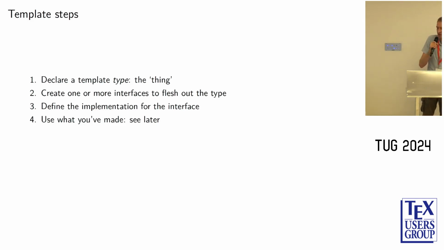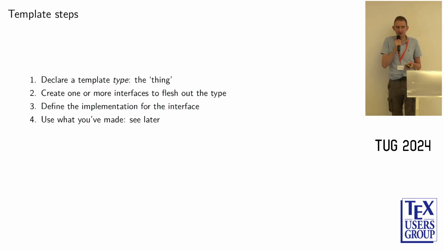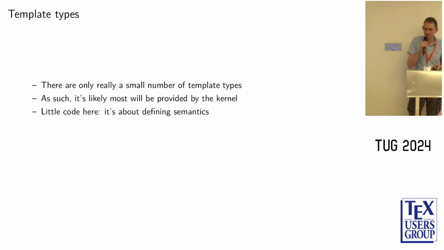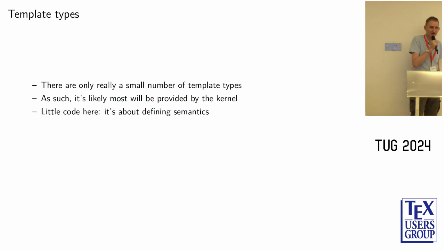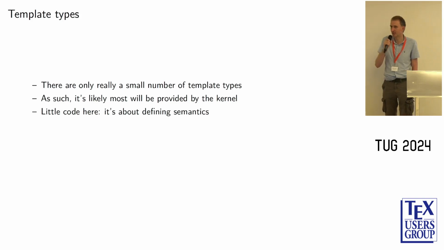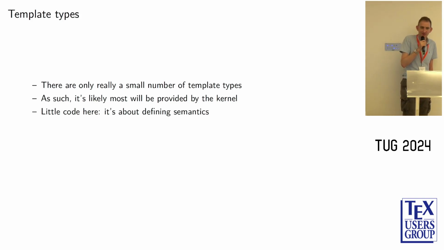There's a couple of ways of using templates because of this idea that we can vary how they're used. So template types, the sort of things about which a document is created. There's only really a small number that we've come up with, certainly so far, and it seems likely that most of those will end up being provided by the kernel team, simply because there's a namespace for them.